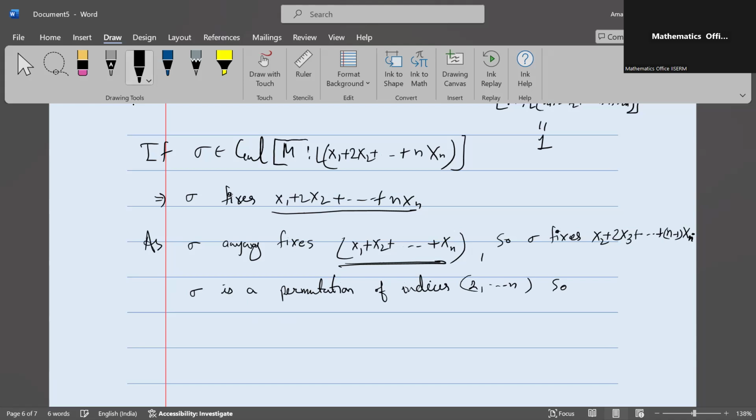So sigma fixes x1 plus 2x2 plus nxn if and only if sigma is the identity.